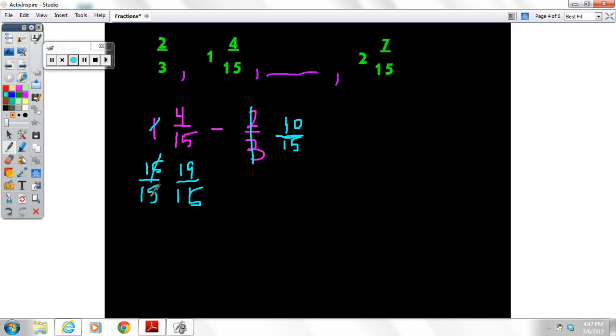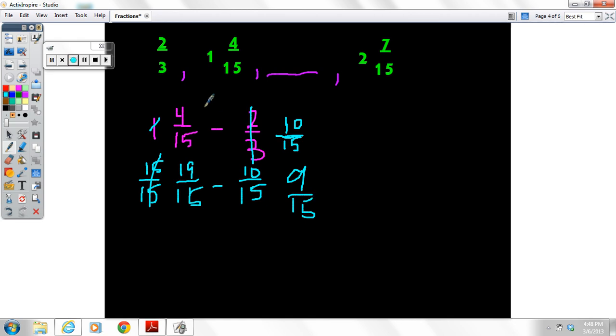Now we are able to figure out 19/15 take away 10/15 is going to equal 9/15. Meaning, the difference between 2/3 and 1 4/15 is 9/15.